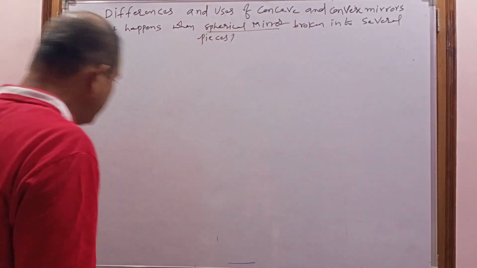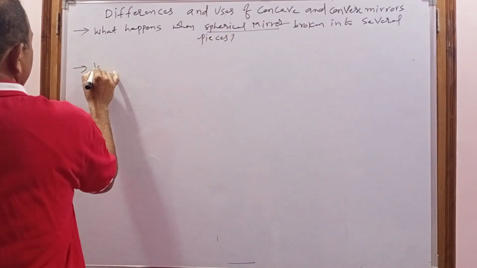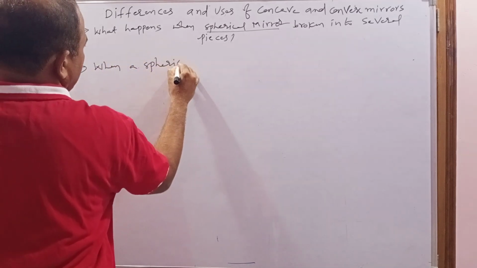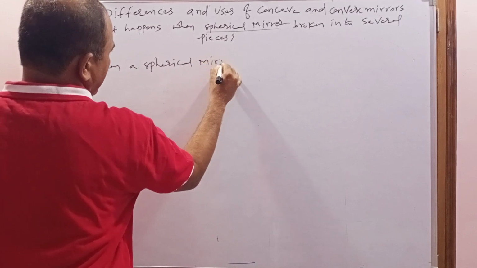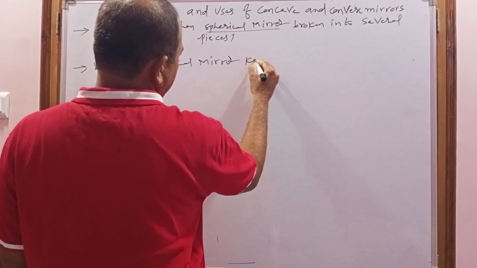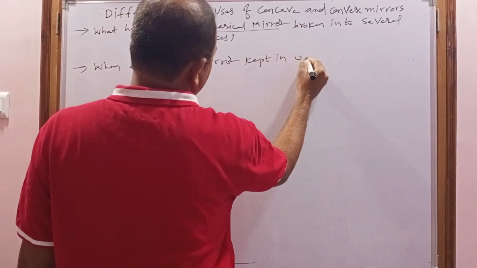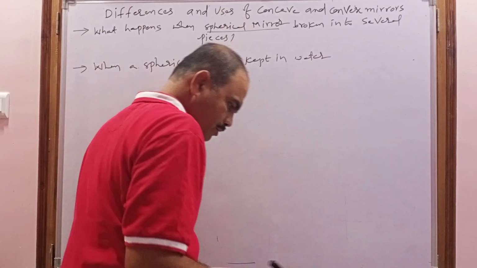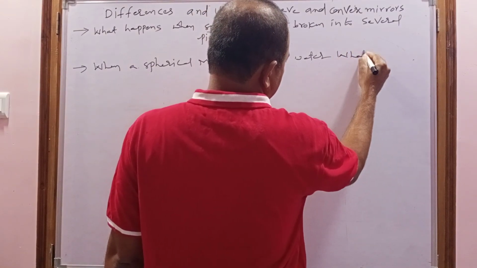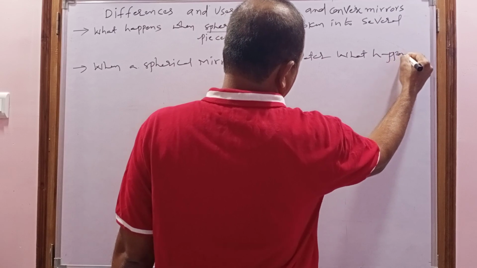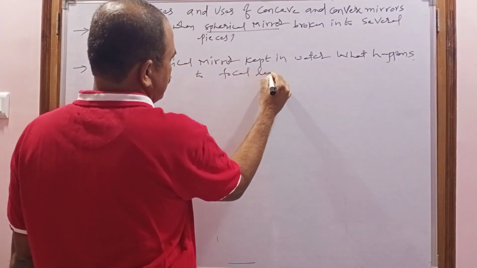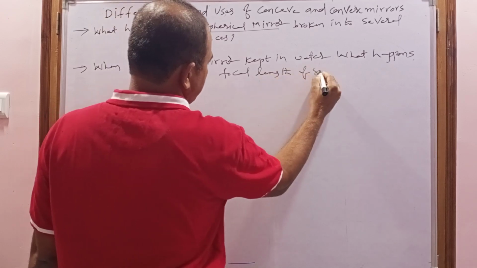So the next question will be: when a spherical mirror, here spherical mirror means it may be concave or convex, is kept in water, what happens to the focal length of the spherical mirror?